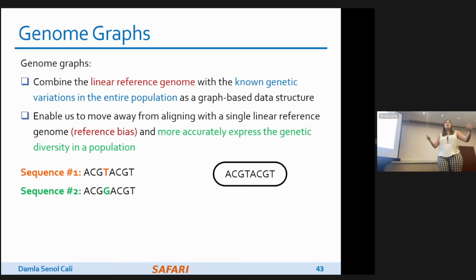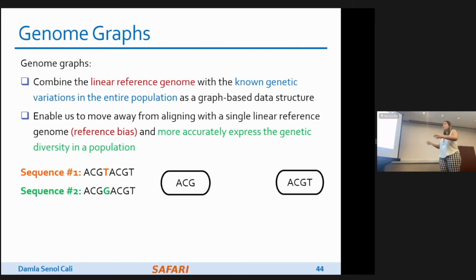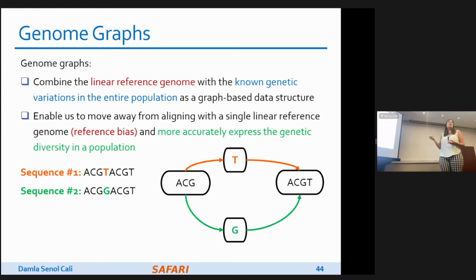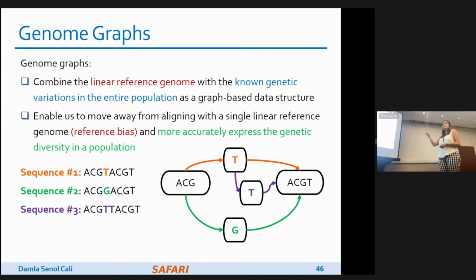So we would be losing information when we could exploit it. So what we can do, we can divide the initial node into multiple nodes, have one path for the first sequence and have another path for the second sequence. So now we are representing both of them. Let's say we have a third one where there's an inserted T. Then we can have an inner node which has that T, and now we have all these three sequences. Let's say we have a fourth one where that T doesn't appear at all, so there's a deletion.